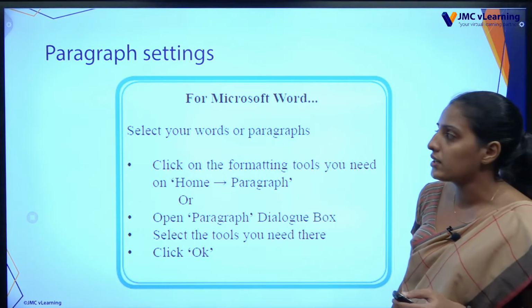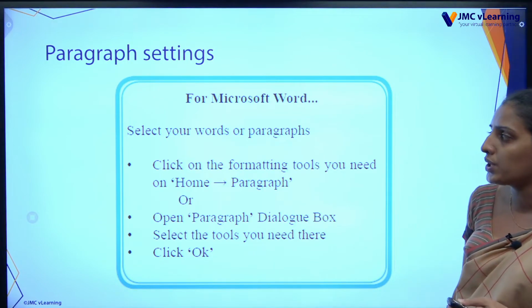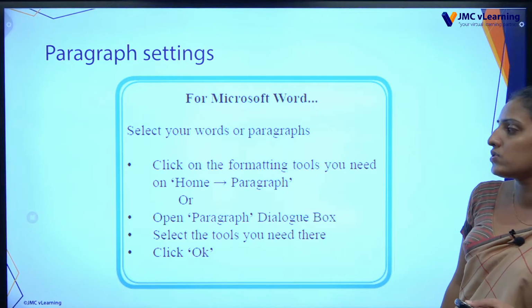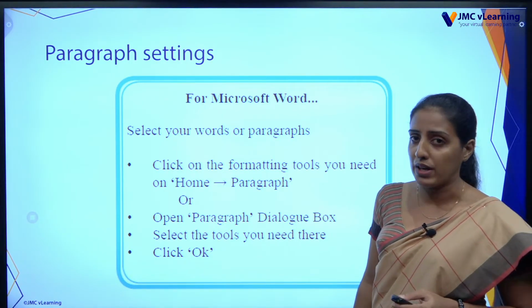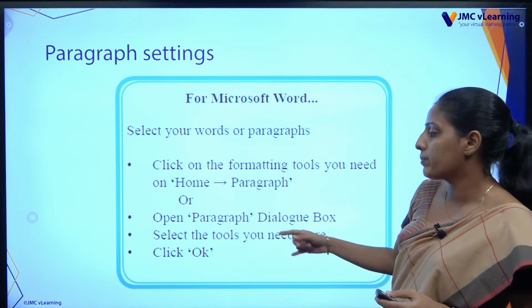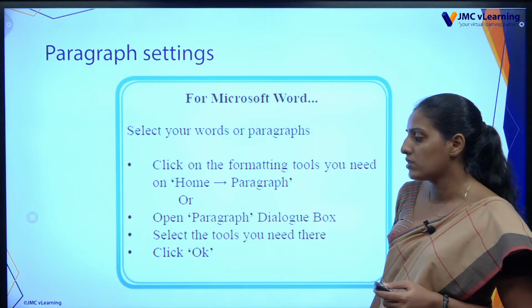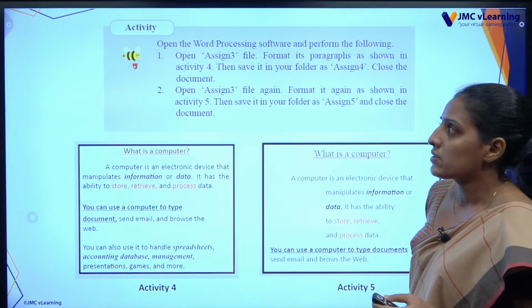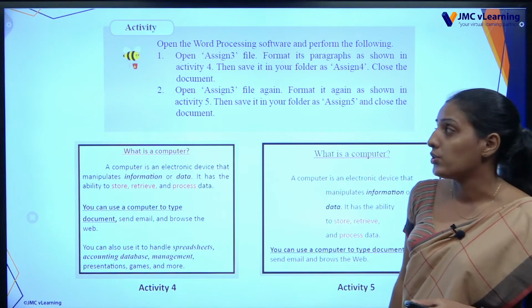For paragraph settings, in Microsoft Word, select your words or the paragraph, click on the formatting tools you need on Home, Paragraph, or open the paragraph dialog box, select the tools you need there and click OK.